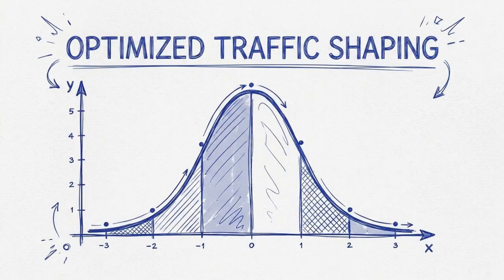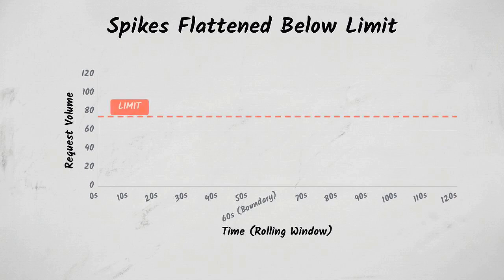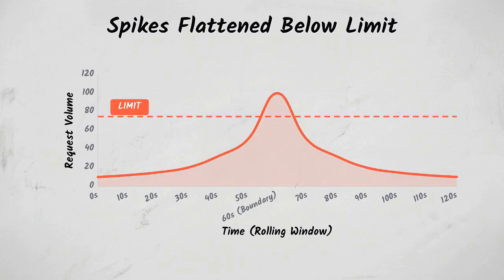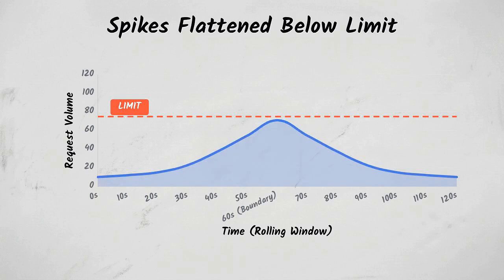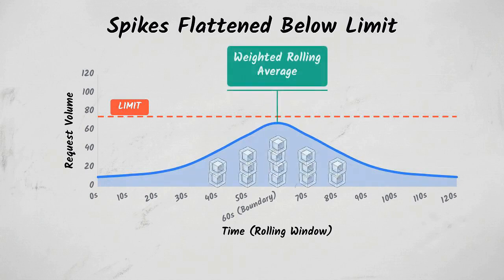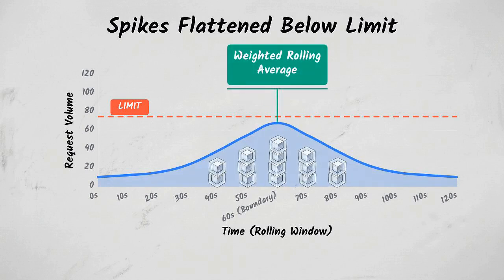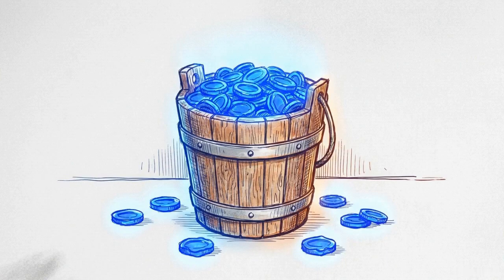The industry's standard compromise is the sliding window counter. In this updated graph, the sharp traffic spike is algorithmically flattened into a smooth, distributed curve. The sliding window counter merges the memory efficiency of a fixed window with a weighted rolling average, smoothing out boundary bursts without requiring a massive memory footprint. Alternative algorithms fit highly specific use cases.